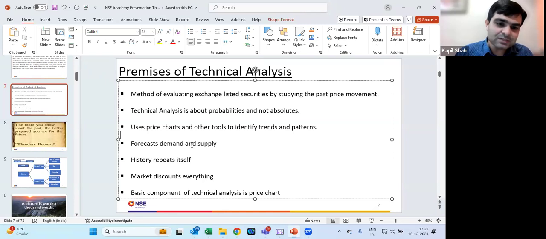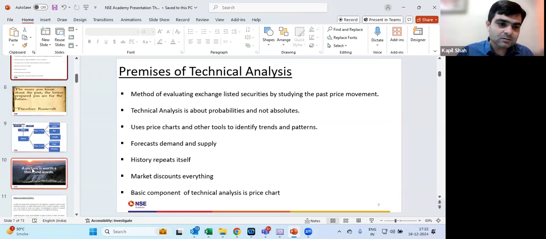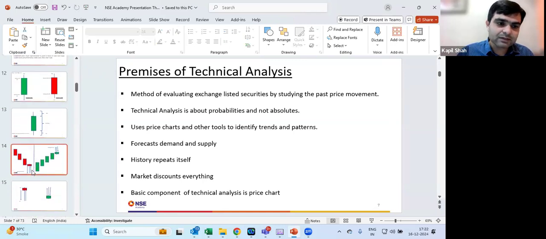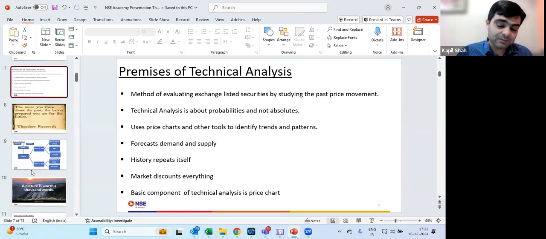Market discounts everything. Whatever happens in the market, it reacts to that particular situation very immediately. We have seen that when corporate announcements or government announcements happen, during the time of a budget, we literally see that when the finance minister is talking about the textile sector, there is a very huge momentum in the textile stocks.